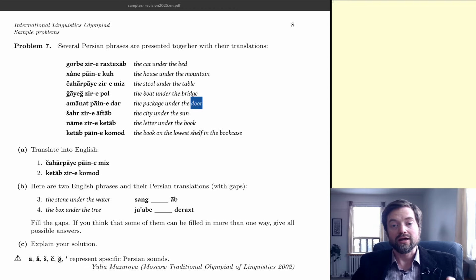I'm just guessing, but it looks like an Indo-European cognate, so actually a word of the same origin, possibly, unless I'm just imagining that, because there can be false cognates, words that look similar but have no relation. But there it is, the word door.